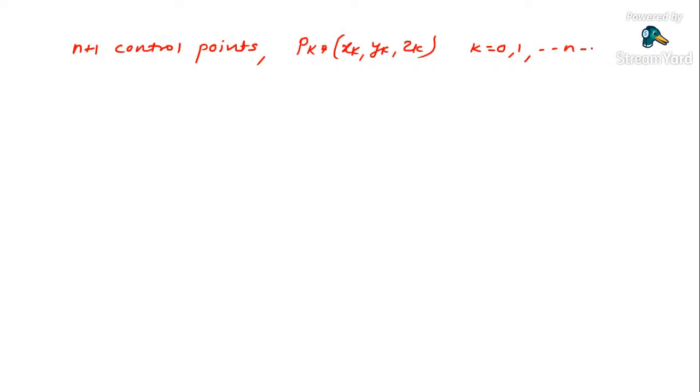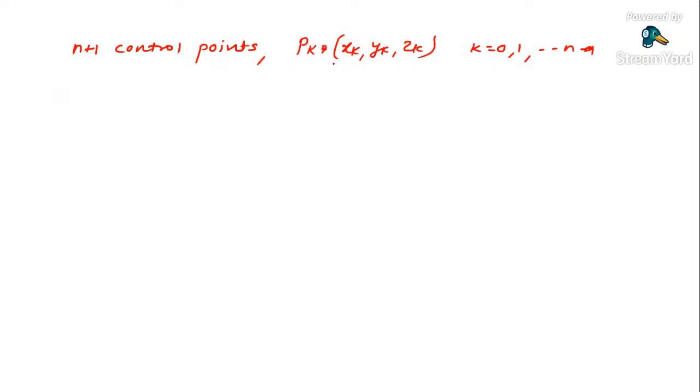Now once again I will tell you. If there are n plus 1 control points, then what are the coordinates of it? It is represented as p of k, x of k, y of k, z of k, where k starts from 0, 1 till n, because it is n plus 1 control points.